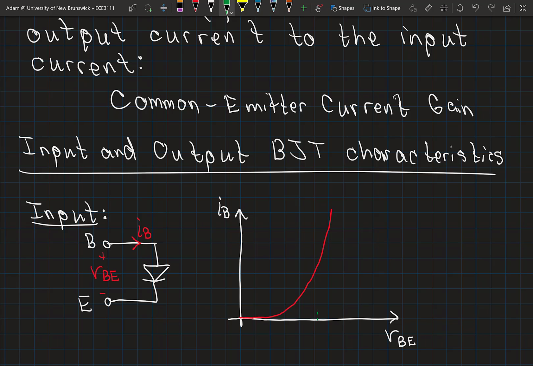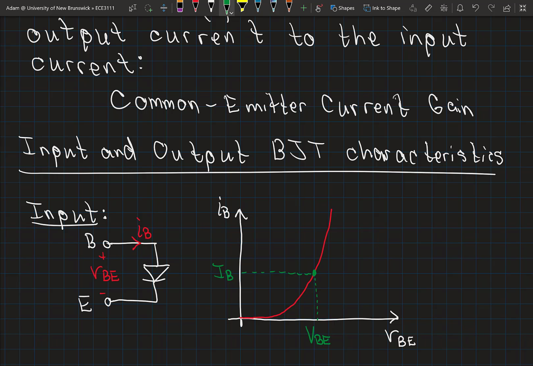And of course the operating point of this diode, or maybe I should say the base to emitter voltage, is going to determine the base current. This indicates a DC operating point or a bias point, shown here by the dot.